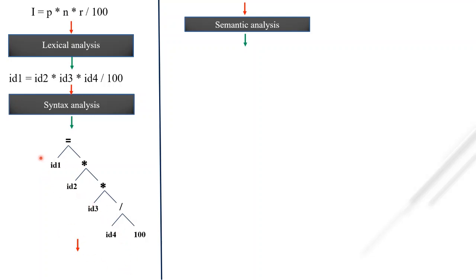So the semantic analyzer converts this 100 from integer to real. So the output becomes first integer to real 100 and then ID4 divided by it. Then the whole answer is multiplied by ID3, then multiplied with ID2, and the answer is stored in ID1.